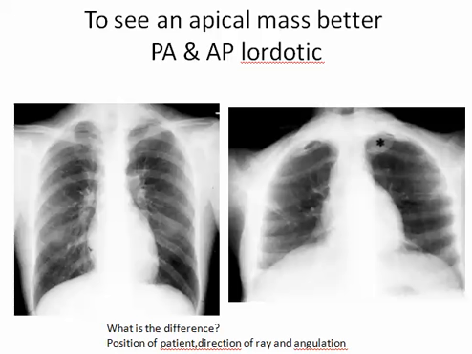This makes the apices more clear. The patient acquires a lordotic position with upward direction of the ray, and thus the upper lobes and supraclavicular regions become clearer, away from the clavicles.